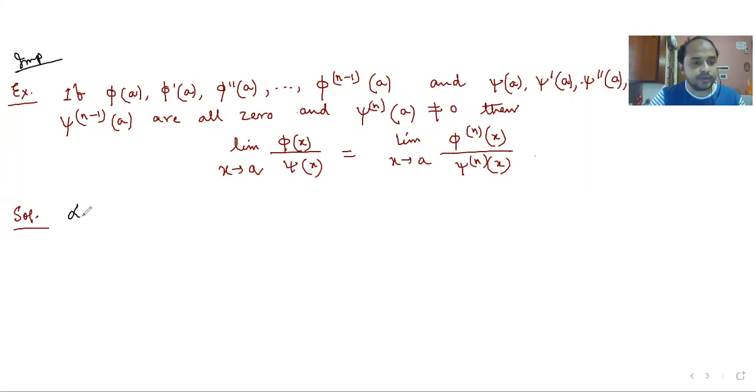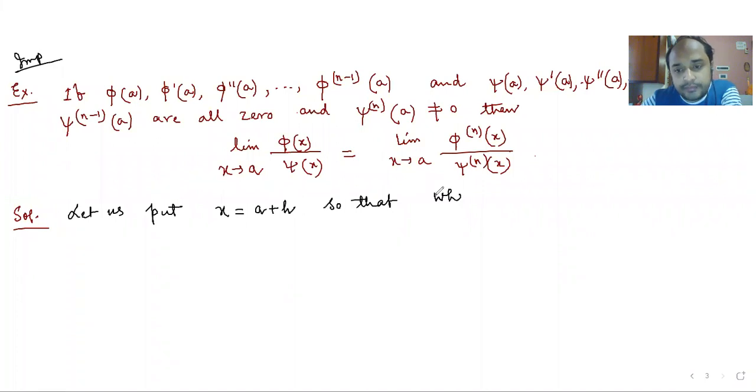So how to solve this? Let us put x equal to a plus h, so that when x tends to a, then h tends to 0.